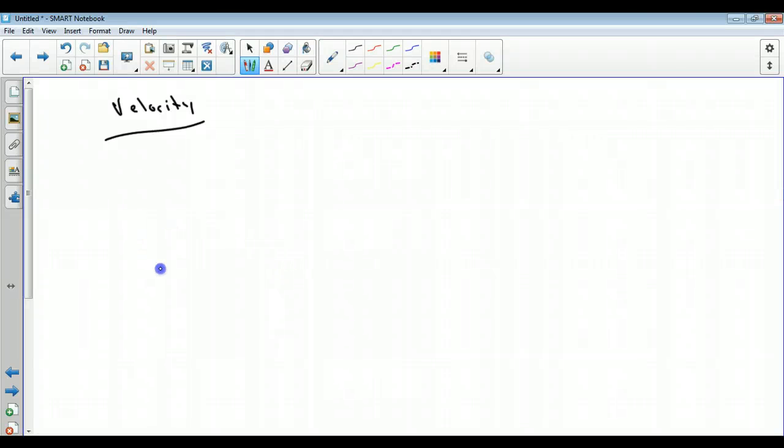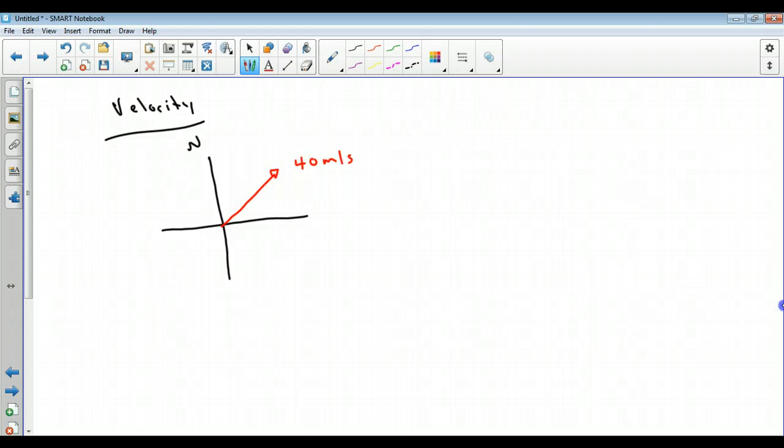So imagine, if you would, a grid again, and we've got a north going this way, and I have an object that is traveling up at a speed of 40 meters per second, and it's going at an angle that is north of east, that's this angle right here, of 30 degrees.